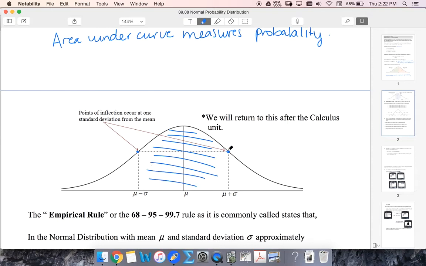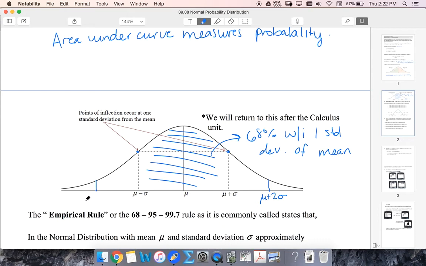So for a normal distribution, 68% of the values are within one standard deviation of the mean. Within two standard deviations of the mean, so if we go over another standard deviation, that distance to about here, that's going to be the mean plus 2 standard deviations.